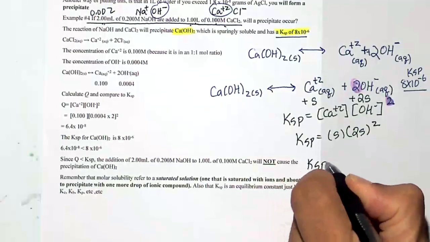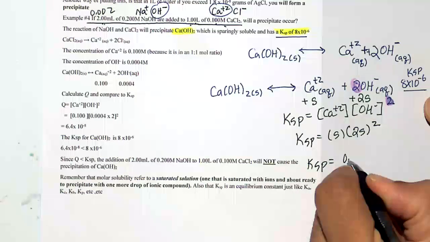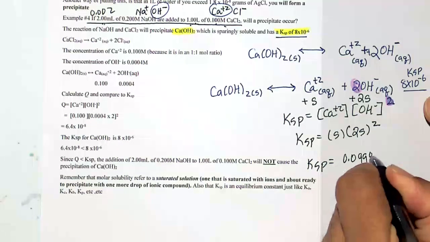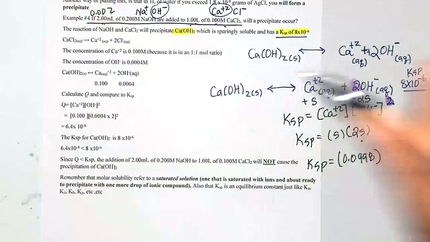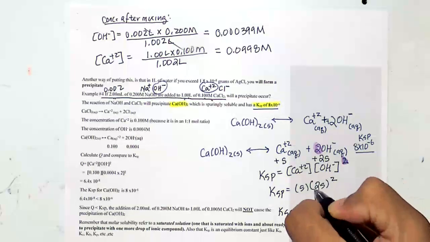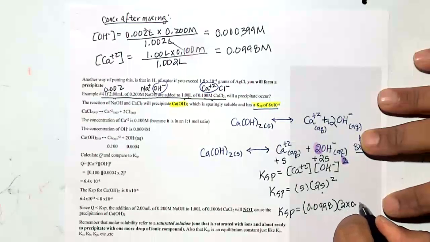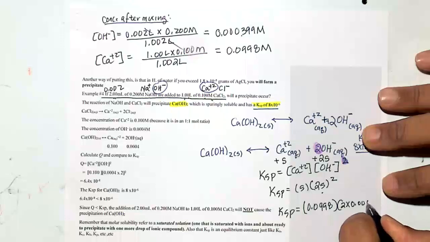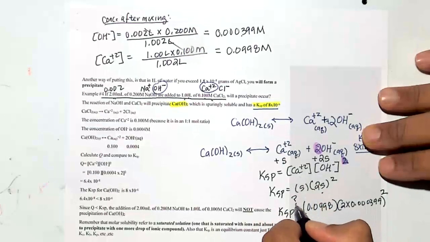Here we have S for the calcium ion, which is 0.0998, and 2 times S for the hydroxide ion, and we have to square it.